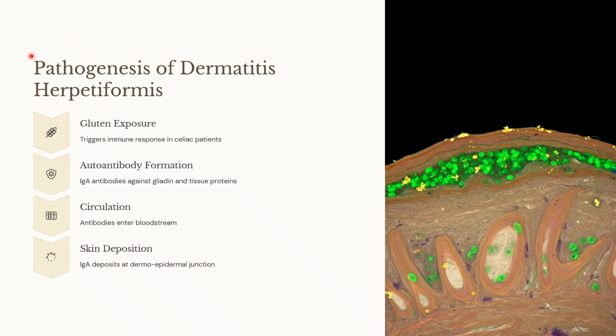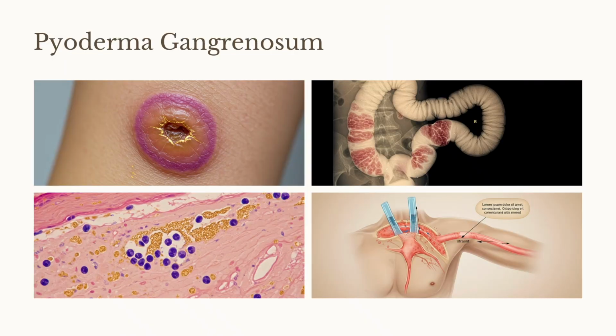A little bit in detail about the pathogenesis of dermatitis herpetiformis. Here, gluten triggers the immune response in celiac patients. IgA antibodies form against the gluten as well as the tissue proteins. These IgA antibodies enter the bloodstream and deposit at the dermoepidermal junction, resulting in the pathogenesis of dermatitis herpetiformis.